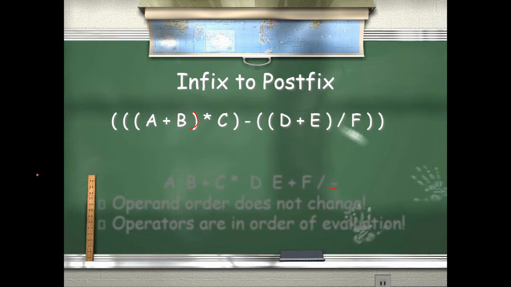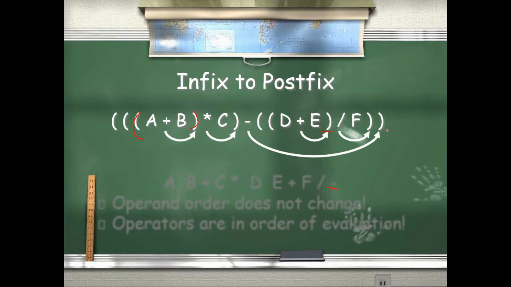When you are going for infix to postfix expression, observe that this particular expression is given: a plus b star c, minus, opening and closing parentheses, minus d plus e divided by f, whatever the expression is. Now when you are going to solve it, you have to focus on where your closing parentheses are. You can see the first closing parenthesis, then the second, then this one, and at the last it will evaluate this minus.